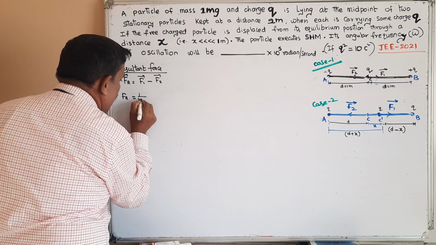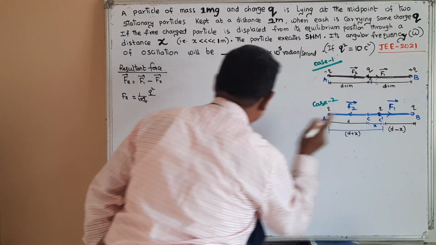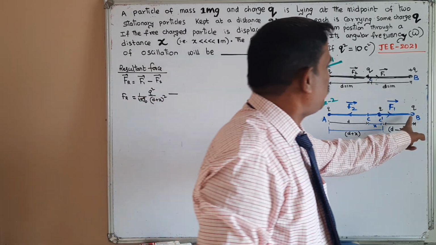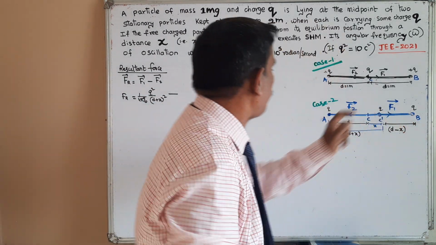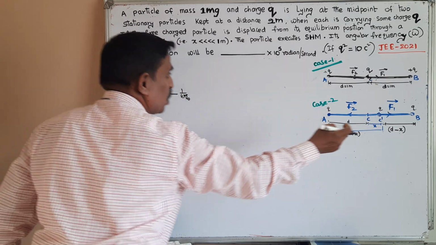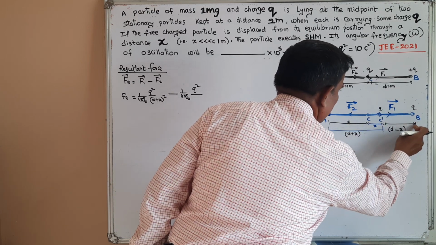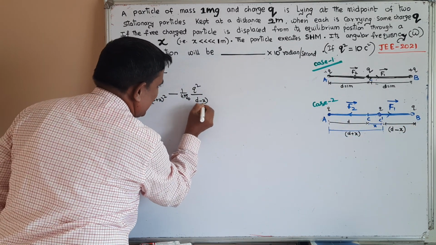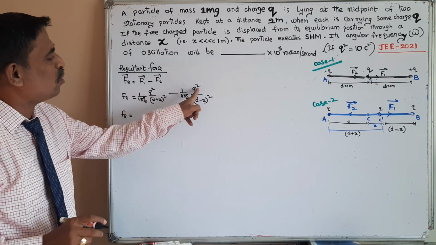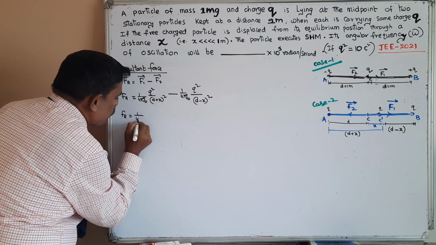F1 is 1 by 4 pi epsilon naught, Q1 Q2 by d plus x whole square, minus the force between these two charges, 1 by 4 pi epsilon naught, Q1 Q2, Q into Q, q square, by this distance d minus x whole square.